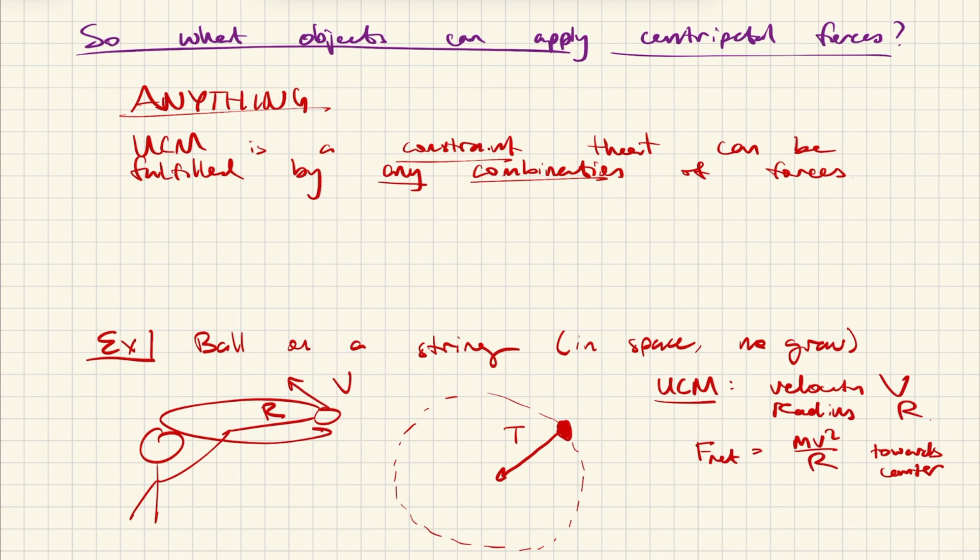And so when we look at our free body diagram, what we can tell is the only force that could possibly be providing this constraint is the tension, right? And so that means we can immediately claim that the tension is exactly equal to mv squared over r in magnitude, right? If it's not exactly this value, then we violated our uniform circular motion constraint, and now this is no longer actually going in a circle, okay? I know I'm hitting that point really hard, but I think it's really, really important to remember.